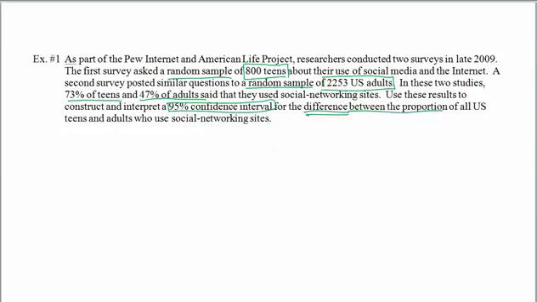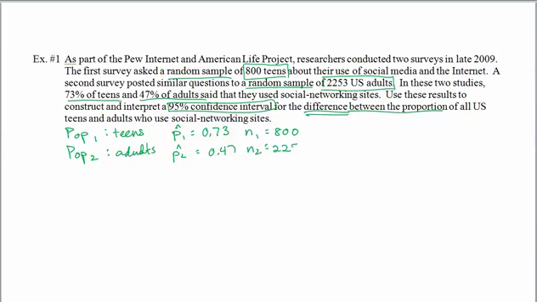Population number 1 will be the teens, population number 2 the adults. So P1 hat is 0.73, N1 is 800, P2 hat is 0.47, N2 is 2,253, and we want a 95% confidence interval.